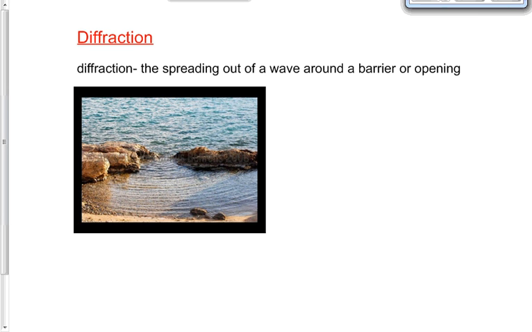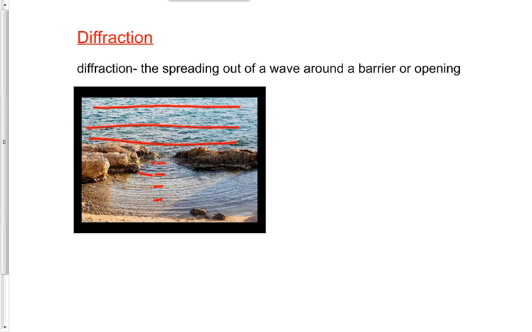And I found this picture on Google Images, thought it was the perfect picture to show diffraction, real diffraction, not just a hand-drawn thing that I can do on a board, but real diffraction of water waves. Here we've got our water waves going this way from out in the harbor or out in the ocean, and then it goes through this little opening here. You can see what happens to those water waves.